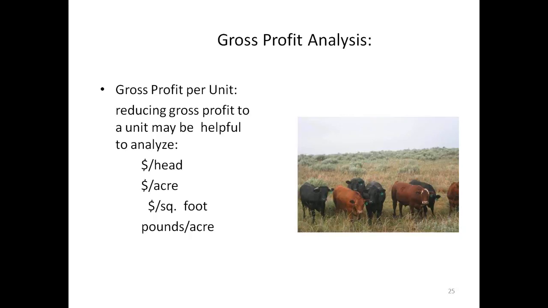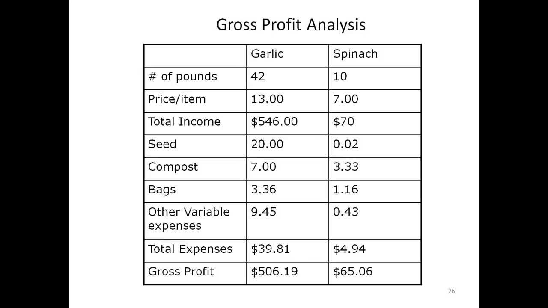You can't compare those two. You need them on the same unit. So in order to do that, you need to convert the gross profit into a specific unit. I'll go through the garlic example that Diane had, and then Mary provided me a spinach example.